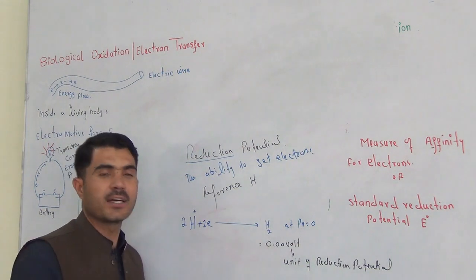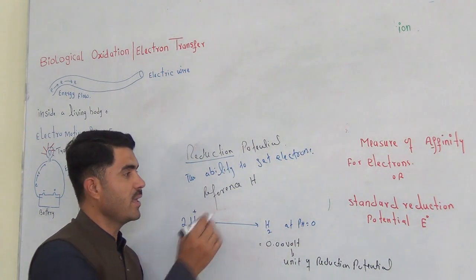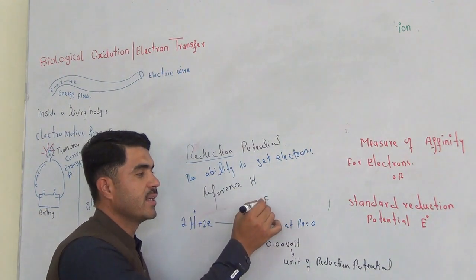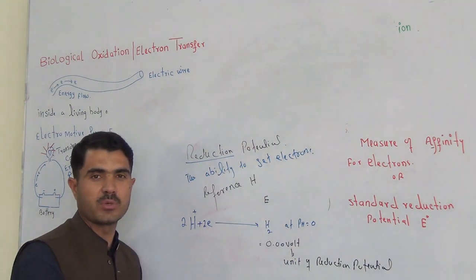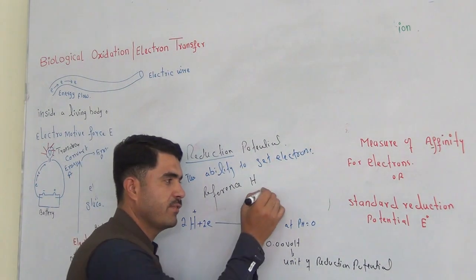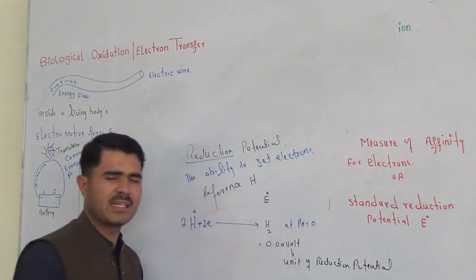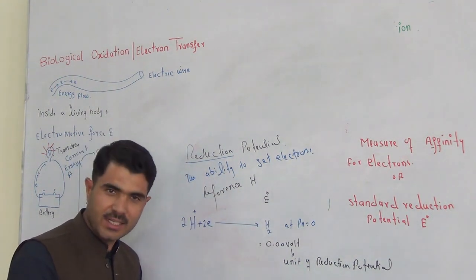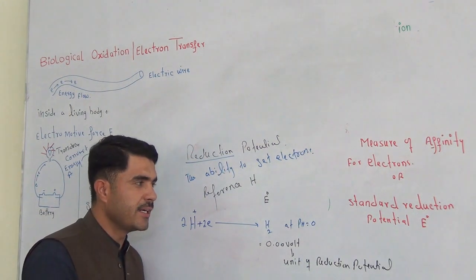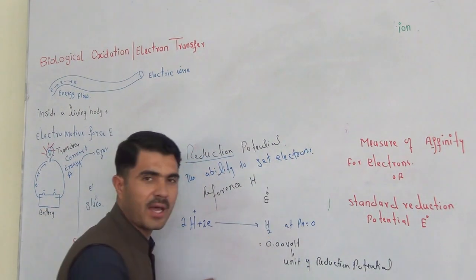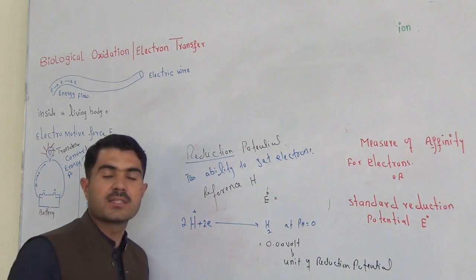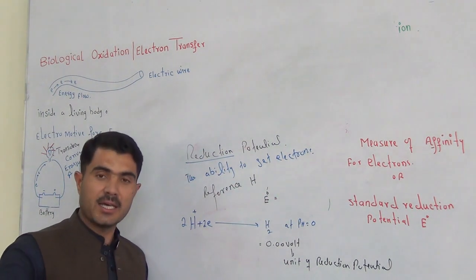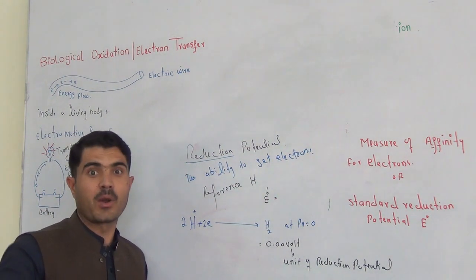And you know, reduction potential is represented by the letter E. E is the reduction potential, and if I write a small knot, it will be called standard reduction potential, and if I write a prime, then it will be called standard reduction potential at the body pH.